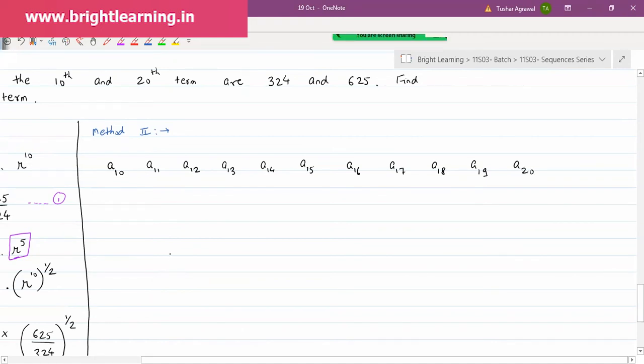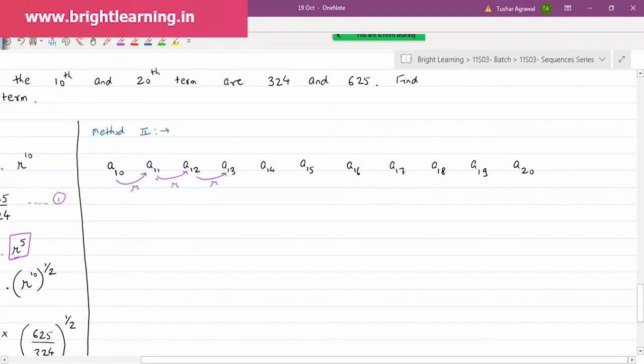Now each jump is of R units, by multiplication. Each one-step jump is a multiplication by R. So all consecutive terms are separated by a multiplicative factor of R. So we call them a geometric progression.